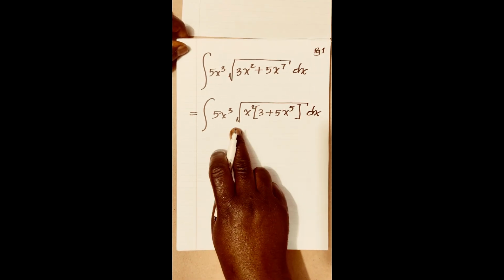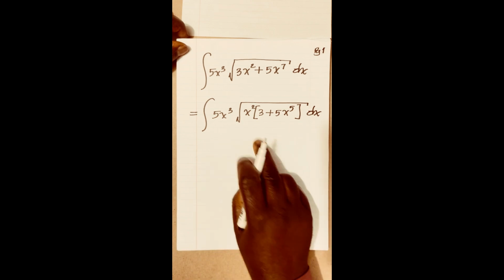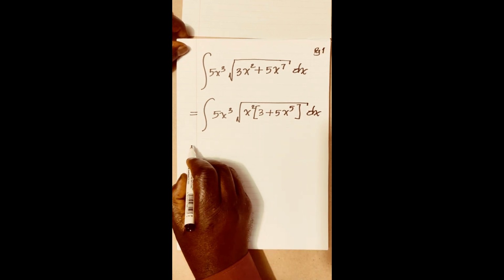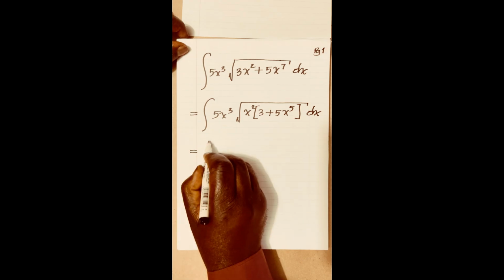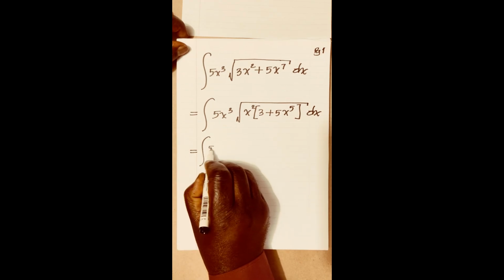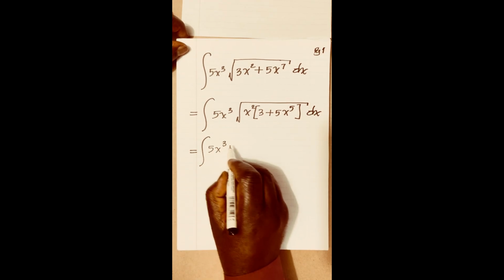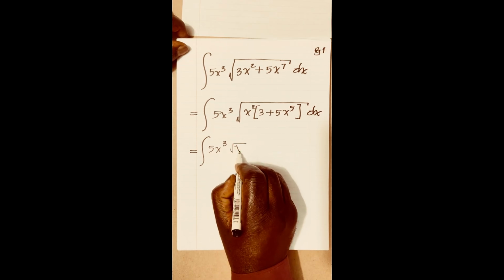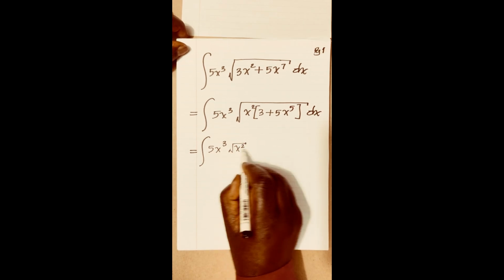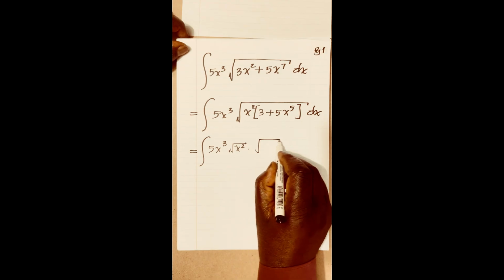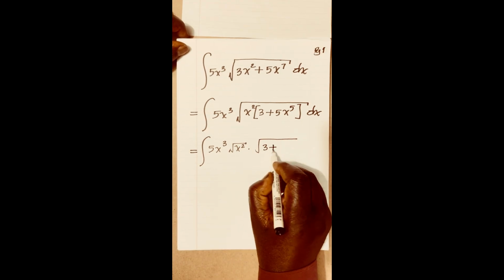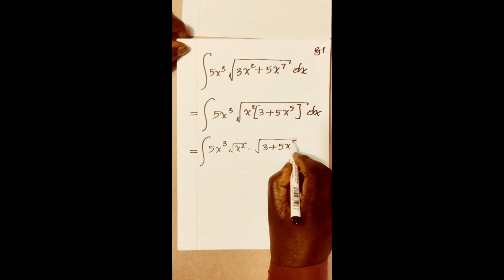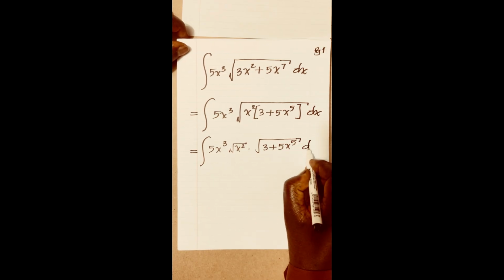Now, we can split this square root sign here into two terms as follows. So what we have now is the same as the integral of 5x cubed times the square root of x squared times the square root of 3 plus 5x power 5 dx.